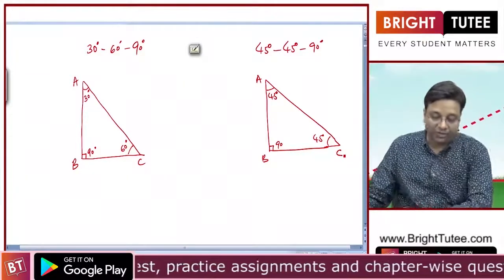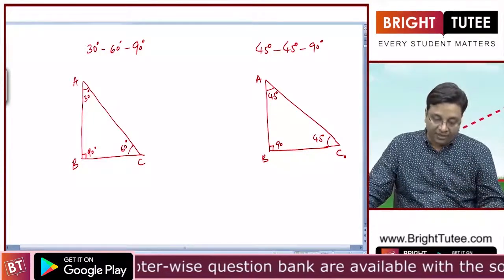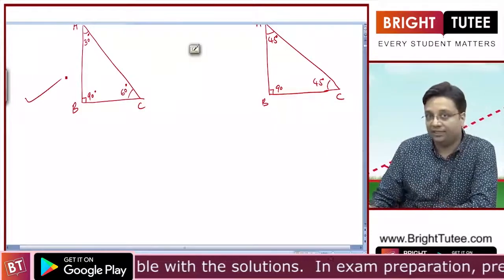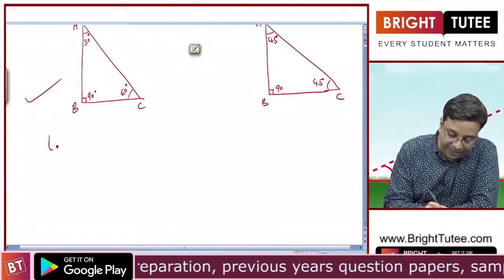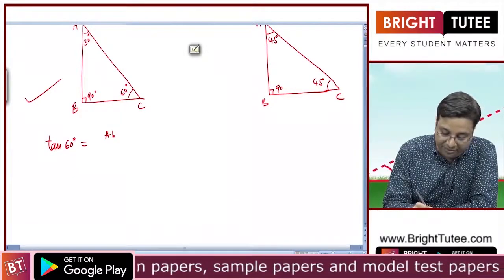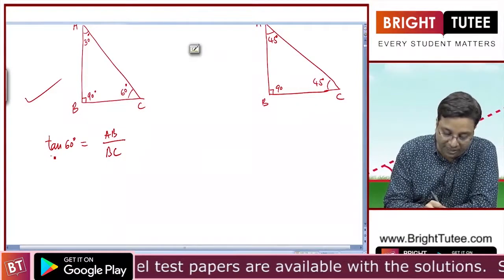So now, what can you comment on the ratio of the sides of this triangle? For example, if I take this 30, 60, 90 triangle, what I can say is that tan 60 in this triangle is equal to AB upon BC, right? And what is tan 60?